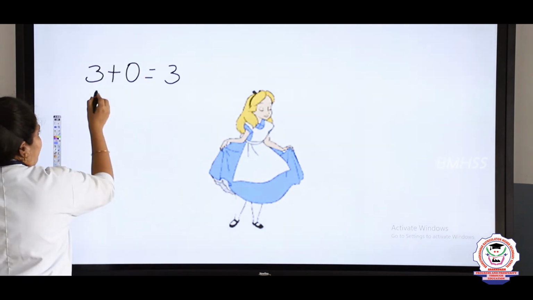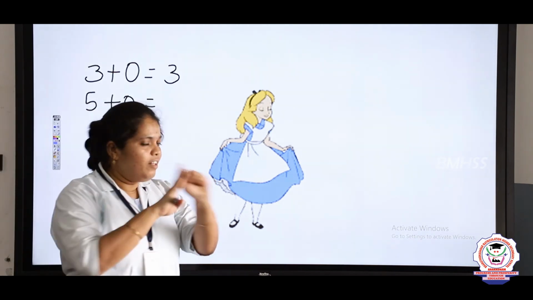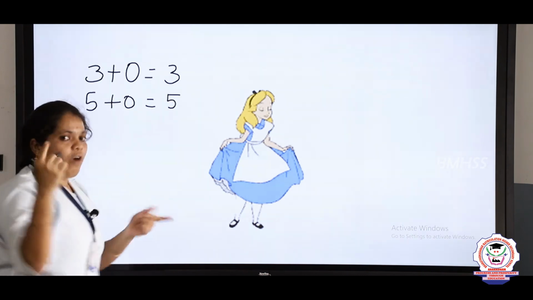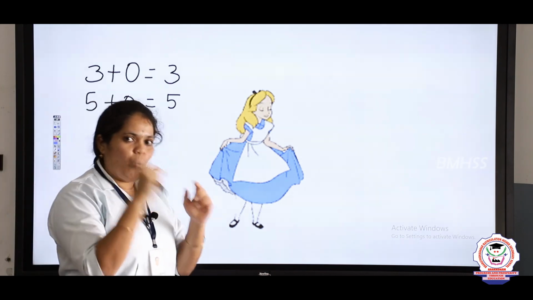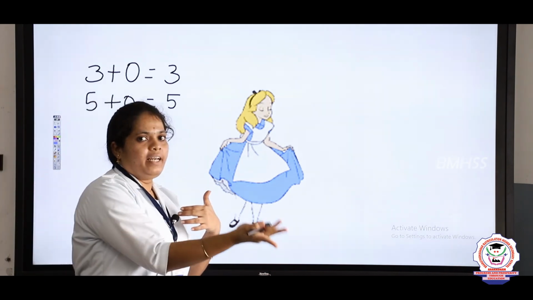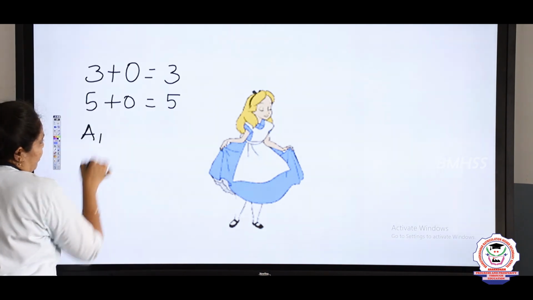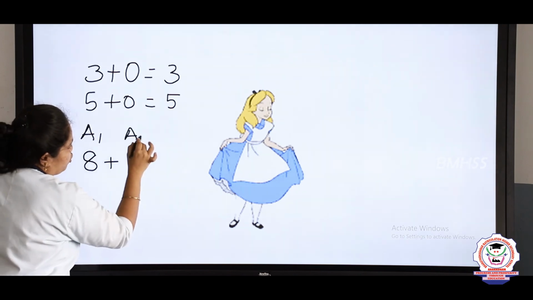Now, one more. 5 plus 0, 5 in the mind, 0 in the finger. There is no chance to count. The same number will come again. And one more property: if any number is added with 1, we get the succeeding number of that addend 1. So see here, addend 1 is 8 and addend 2 is 1.